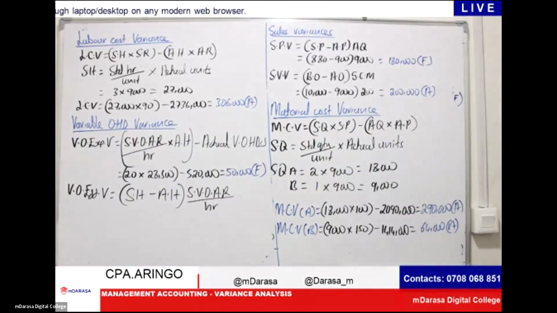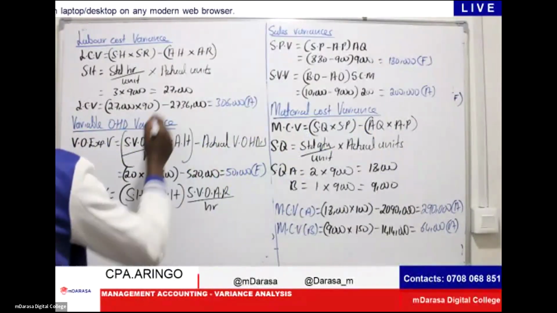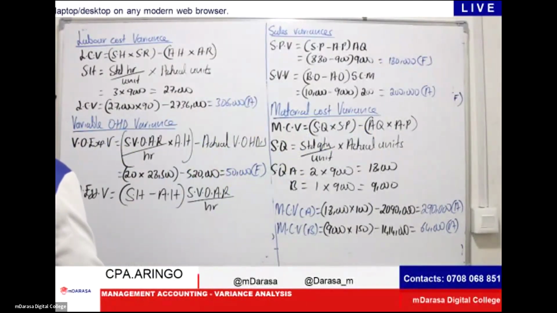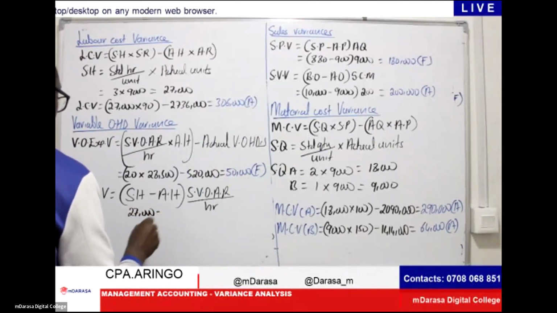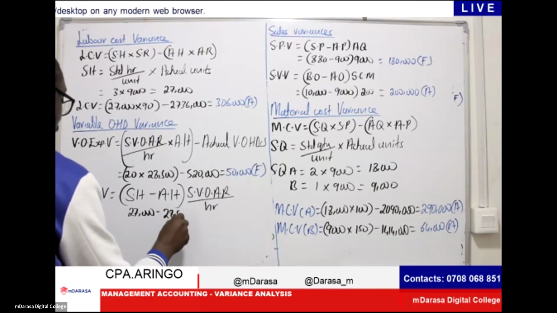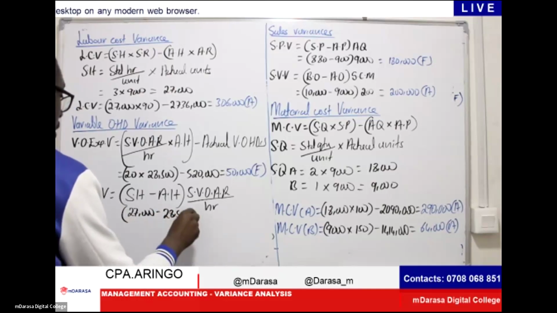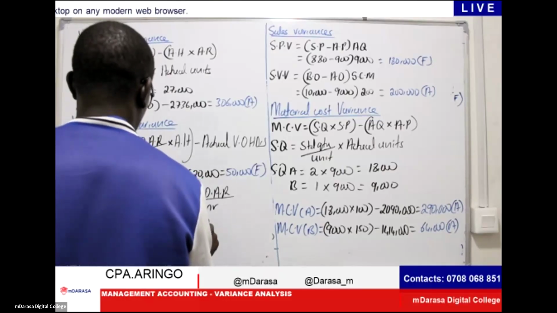Where SH, we've computed it, is 27,000. We have our actual hours, which is 28,500. Standard variable overhead absorption rate per hour is 20.